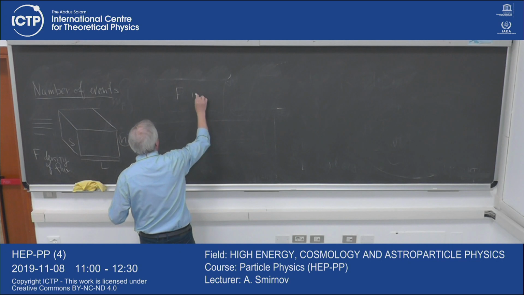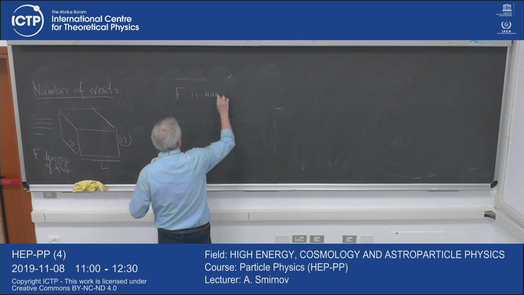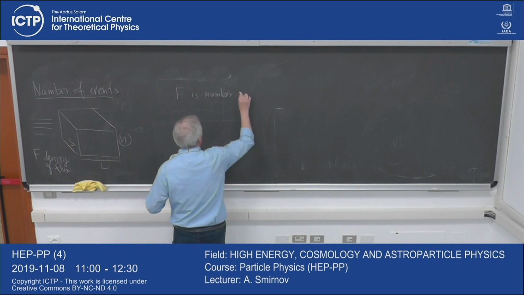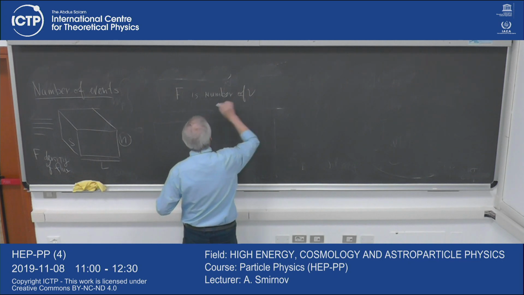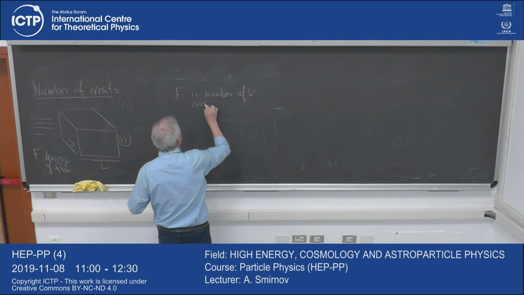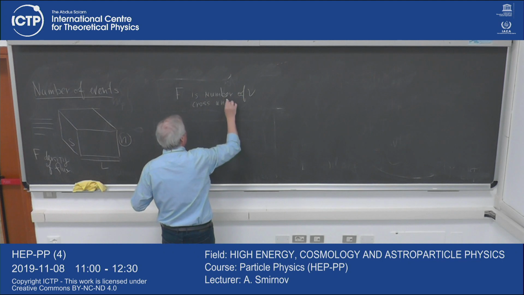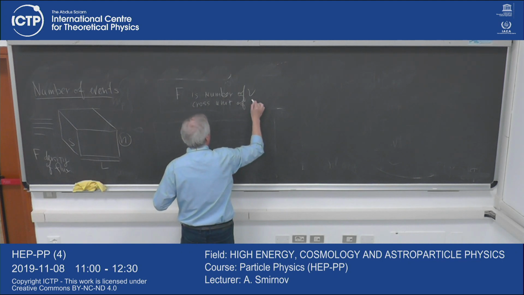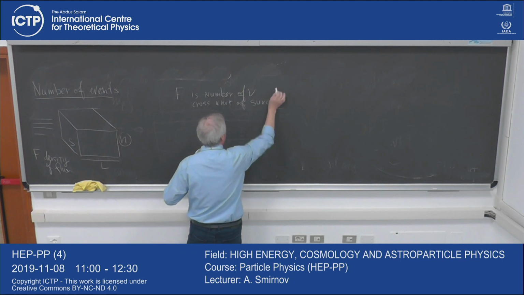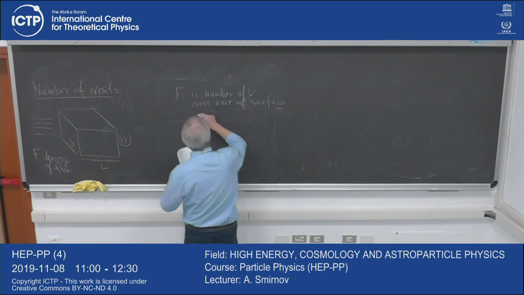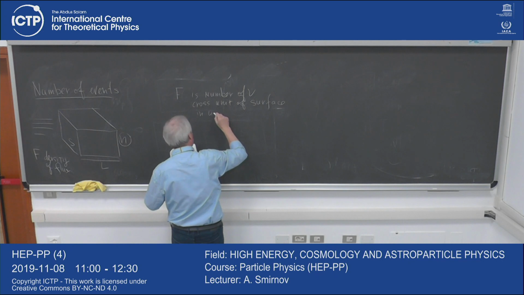F is the number of, in our case, neutrinos which cross a unit of surface in a unit of time.